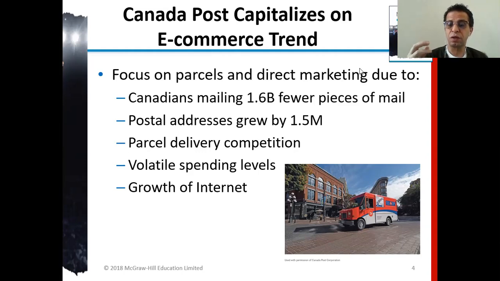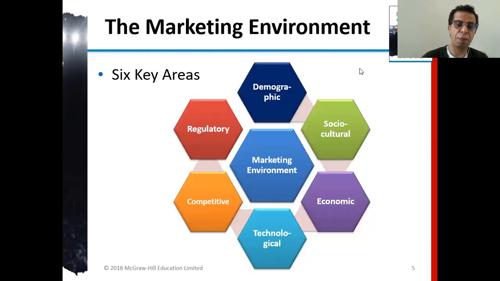There are so many companies, UPS, Canada Post, Amazon, that all do parcel deliveries. The volatile spending level keeps going up and down, and there is the growth of the internet. So that's all what forced Canada Post to capitalize on the e-commerce trend right now.